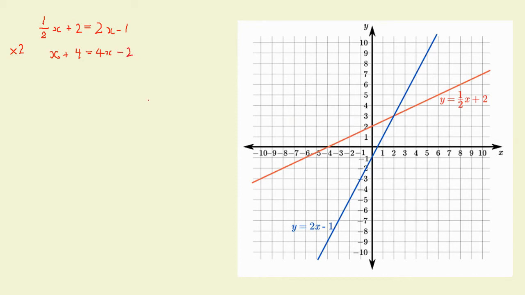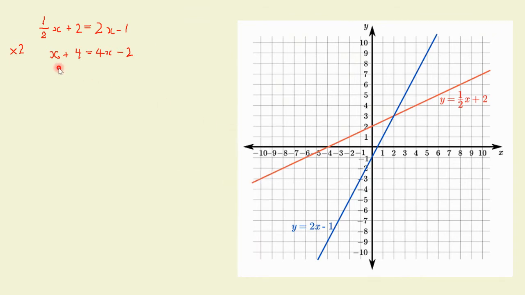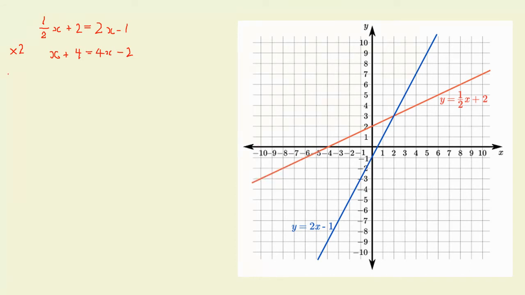Well, again, I'm on my way, aren't I? I've got x's on both sides. There are things that I can deal with, and it's now very similar to the last question. x here, 4x here. The smallest number of x's is this x, so we're just going to get rid of that one. To get rid of it, we just need to take it away from that side. We take it away, we get left with 4.